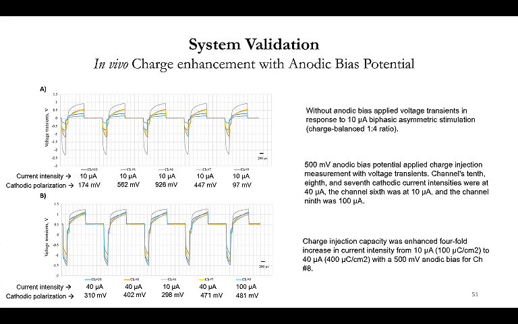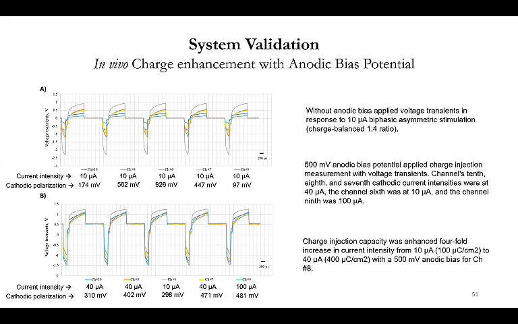But we need to safely increase the charge, so we apply an extra DC voltage. In figure B, you see the 0.5 volt applied DC voltage, and with that we can apply 100 microamp, 4 times more current, while the cathodic polarization is still in the range of 310 millivolt. So that means our charge enhancement feature also works for this case.